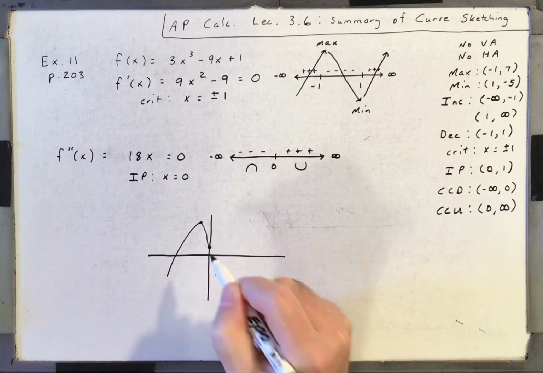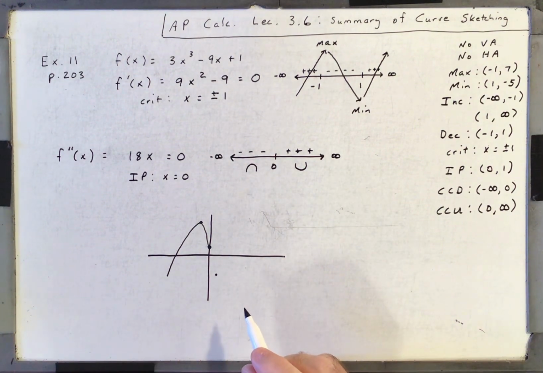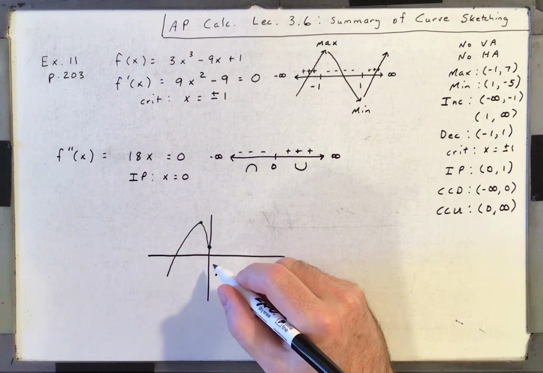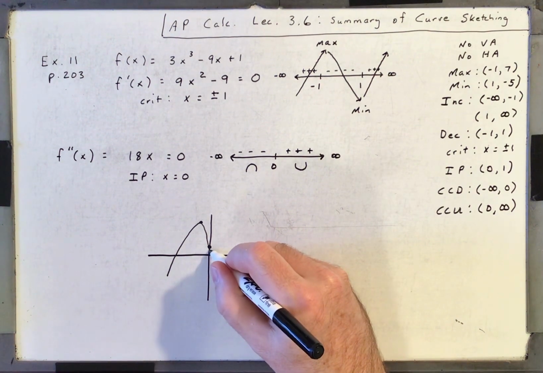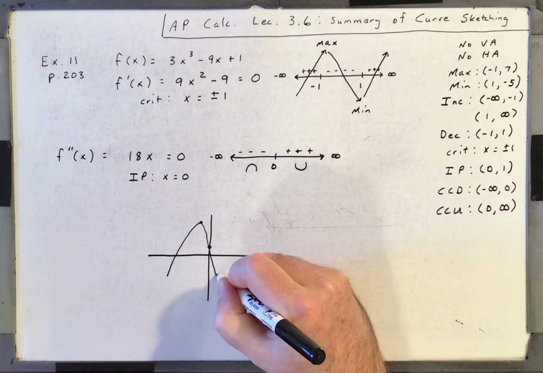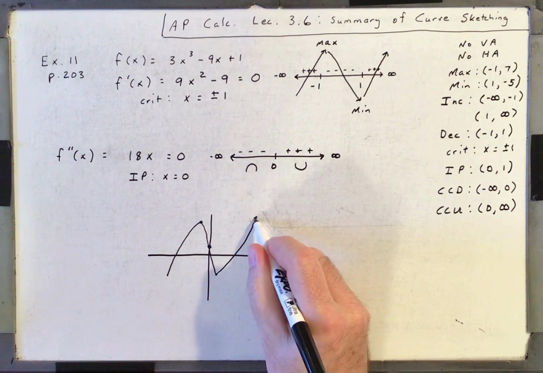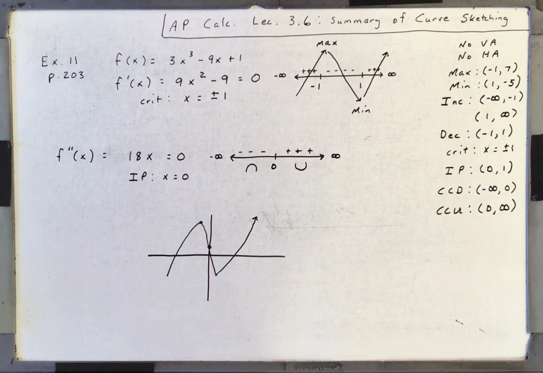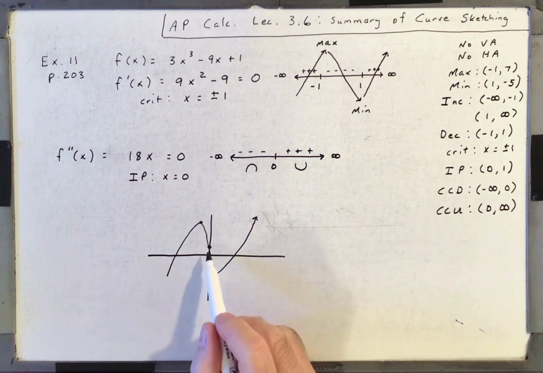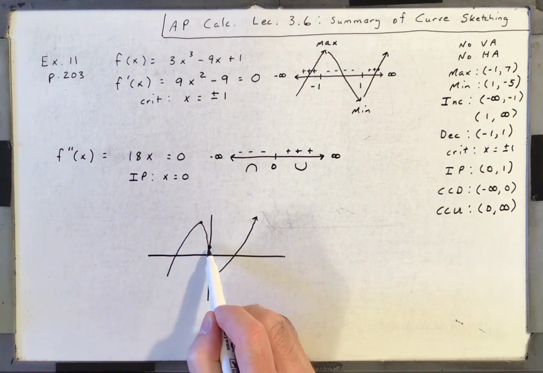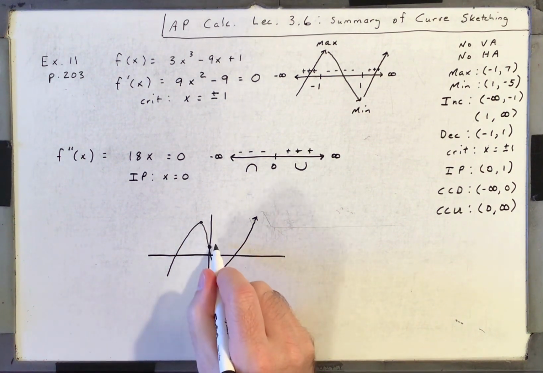Okay, and then we are decreasing till we get to 1. So we're still going down, but this time the bowl kind of changes there. And we are concave up then from this point 0 to infinity, and concave down there. So it switches there at the inflection point.